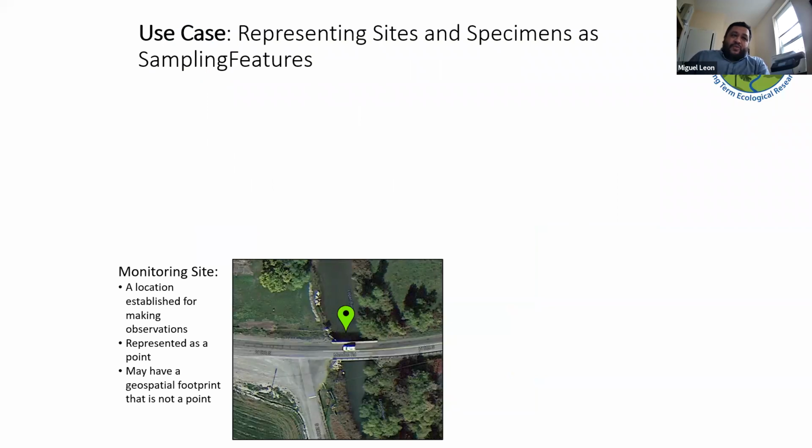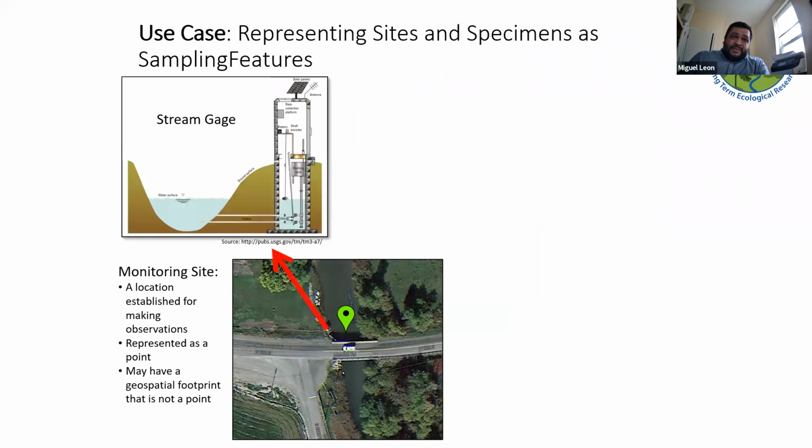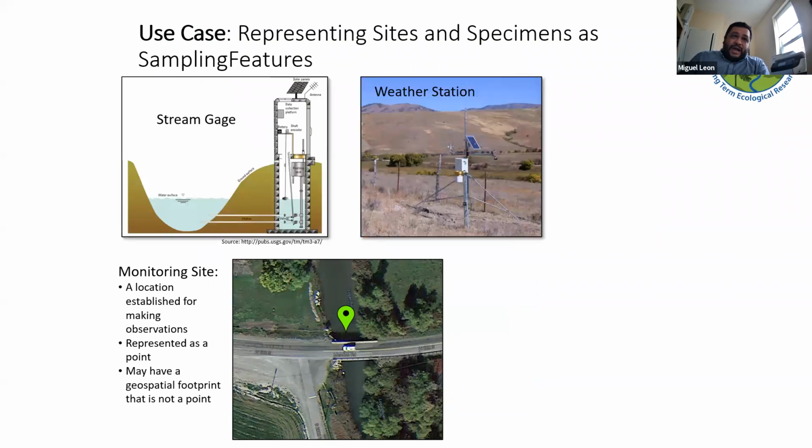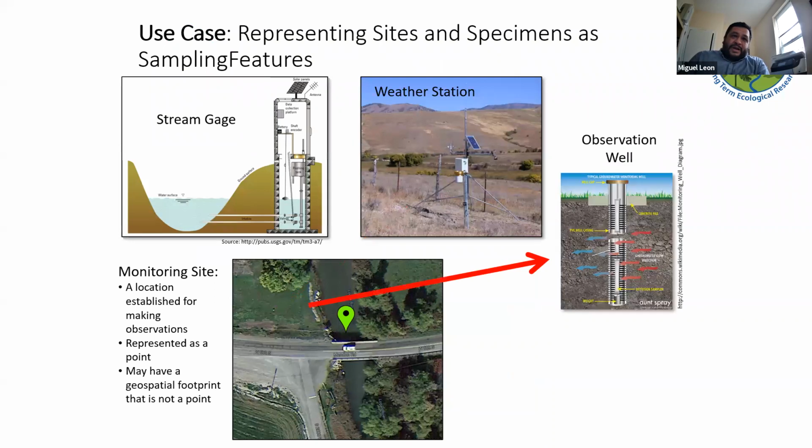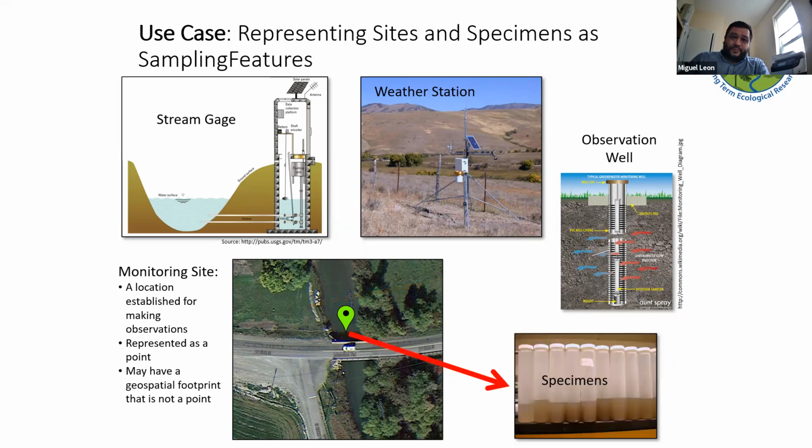So like in ODM 1.1, it's most likely that you might have a monitoring site that is a single point location, but really you have multiple. Your stream gauge is located and is sampling from a different location than a nearby weather station or a nearby groundwater observation well.